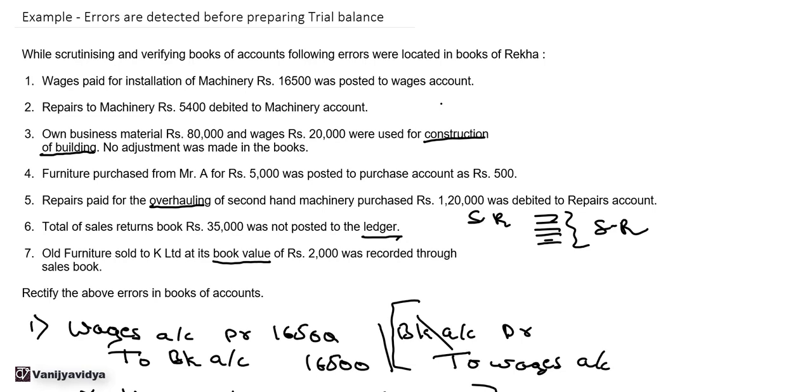Otherwise, if the depreciation rate was given, then we will have to calculate the depreciation, because of the increase or decrease in the depreciation because of the rectification entry in that particular asset. So we have to calculate that also, and the entry for that also needs to be posted. Okay, so this was about the rectification of errors.